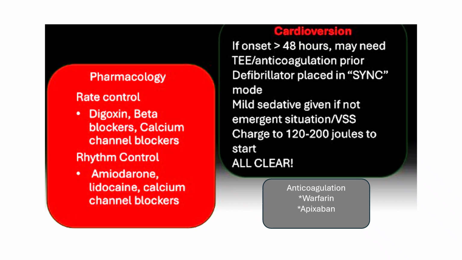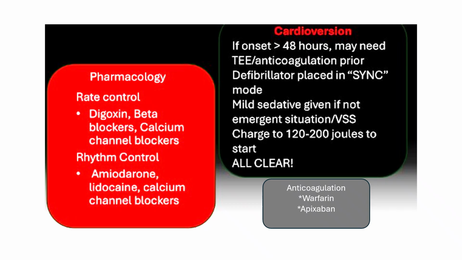And if the AFib has occurred more than 48 hours onset, a TEE or anticoagulation prior to cardioverting the patient is warranted because remember, when the atria is quivering, blood is pooling, and the longer a patient stays in AFib, the more chance they have of developing clots.